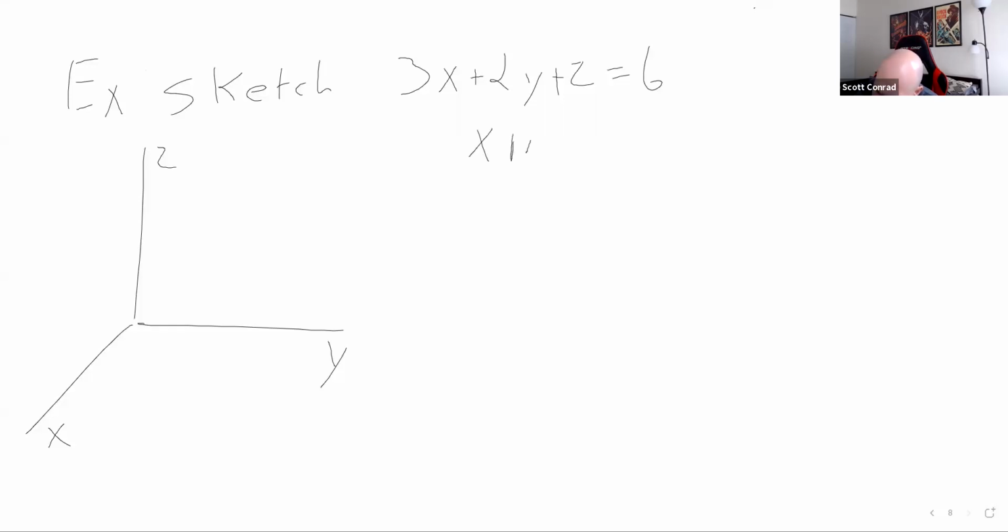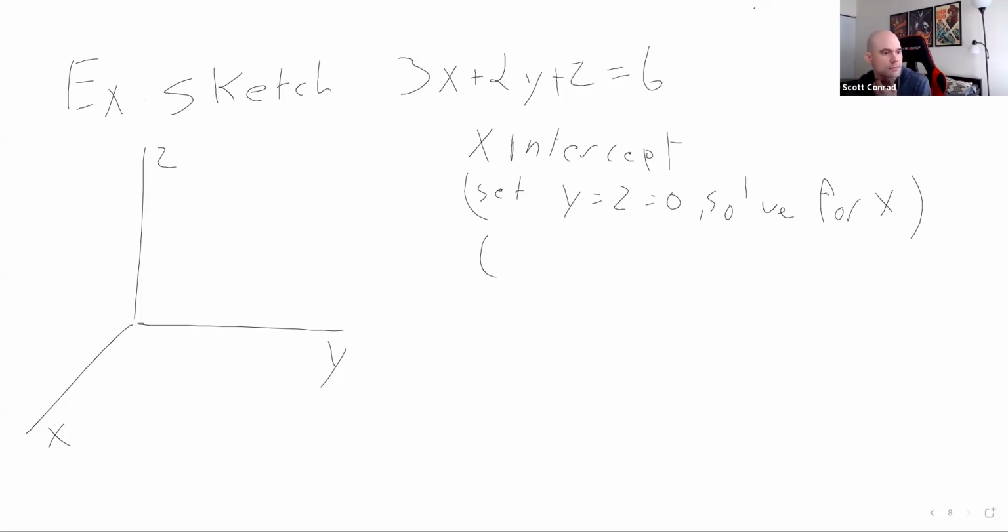So let's look at the x-intercept. Set y and z equal to 0, solve for x. When we do that, we get x is equal to what? So 3x plus 0 equals 6. x is equal to 2.